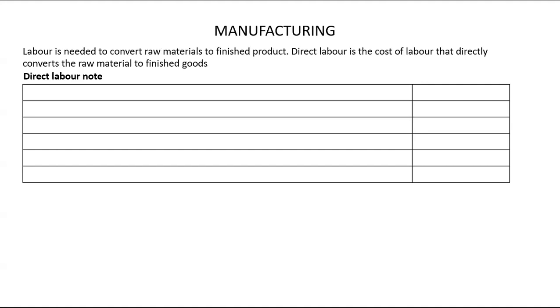The manufacturing process starts with raw materials. These are direct materials used to produce a product, and those will go into work in progress. And in work in progress, that's where the actual manufacturing process takes place, where the raw materials are now converted into a finished product.